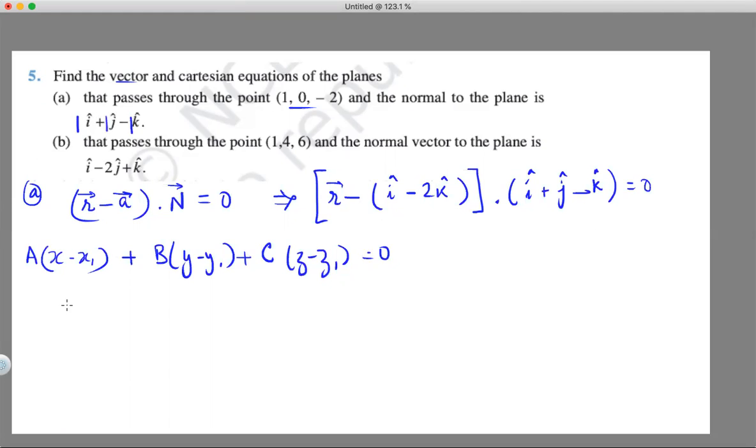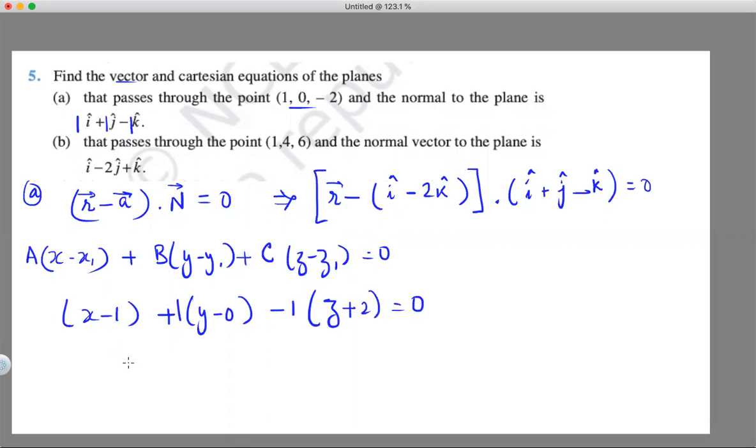So let's just do that. And so x minus 1 into 1 plus 1 into y minus 0, okay, minus 1 into z minus 2, which will become z plus 2, is equal to 0.